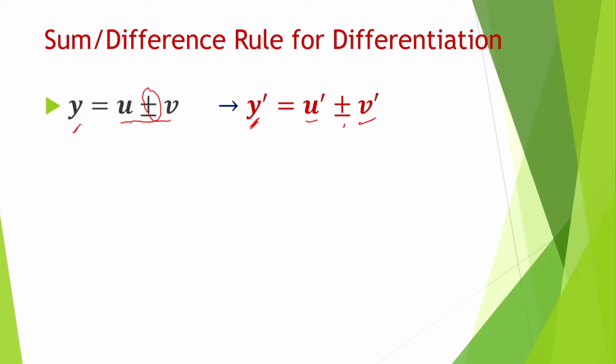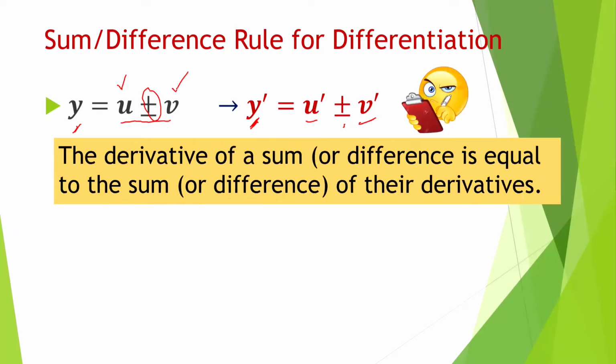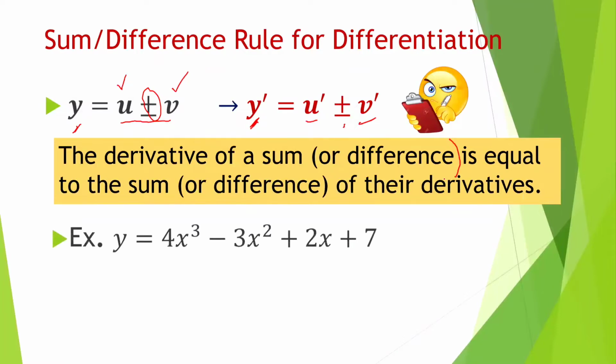So getting the derivative of the y means getting the derivative of the individual terms. Okay? So that is to say, the derivative of a sum or difference is equal to the sum or difference of their derivatives. So let's have an illustrative example.